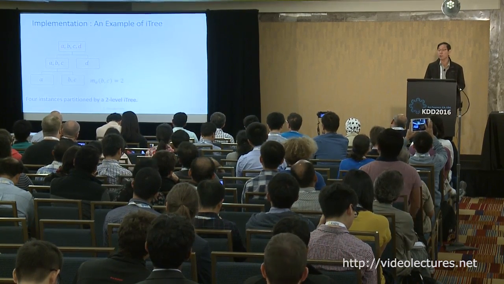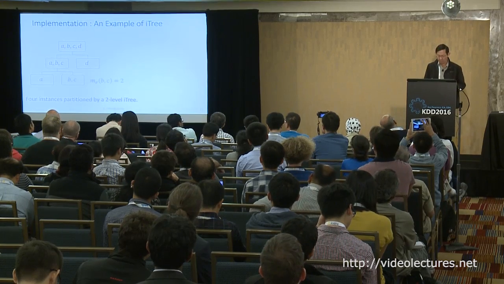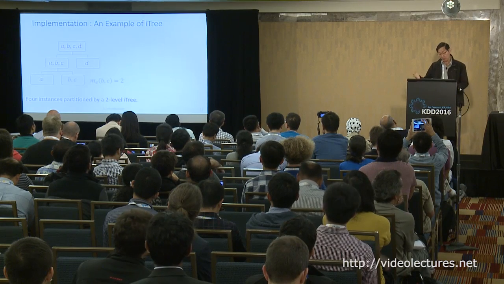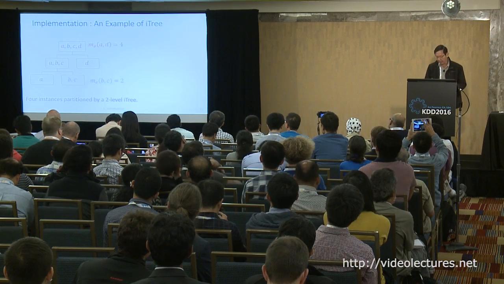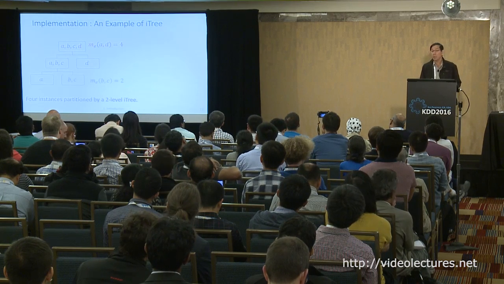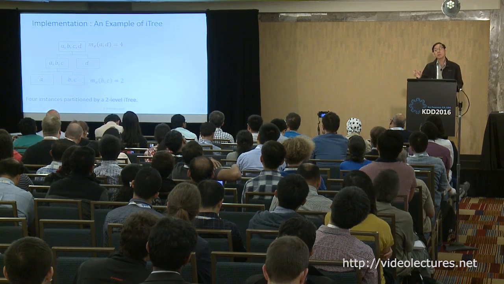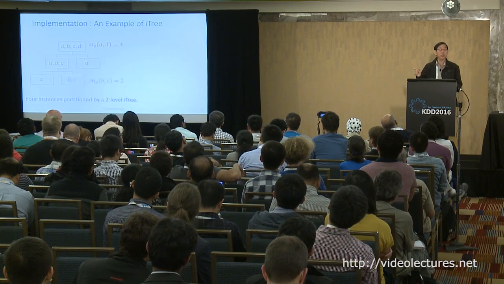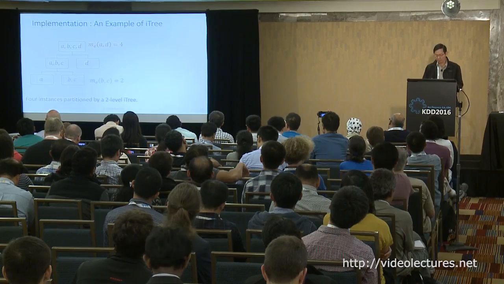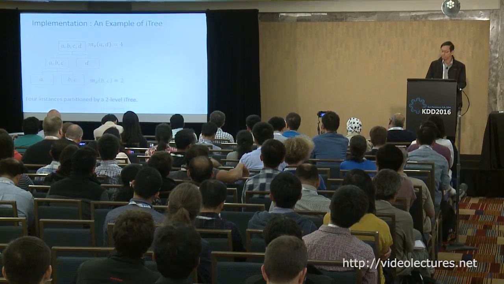Now let's say you want to find out the probability mass, or the dissimilarity, between A and D. Then the node in this particular tree is the smallest local region that covers A and D. So in this case, it is 4.